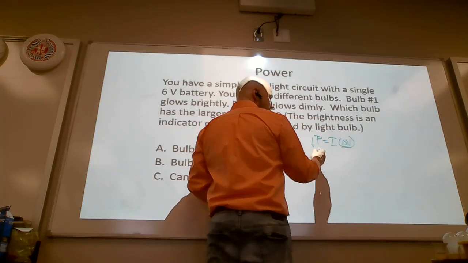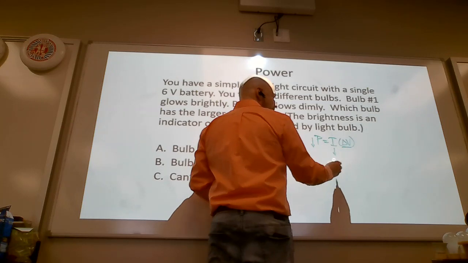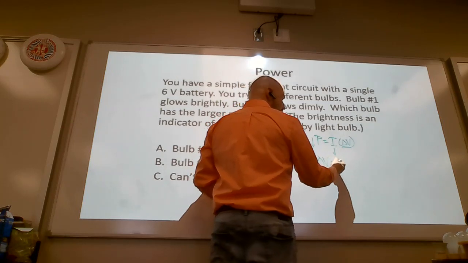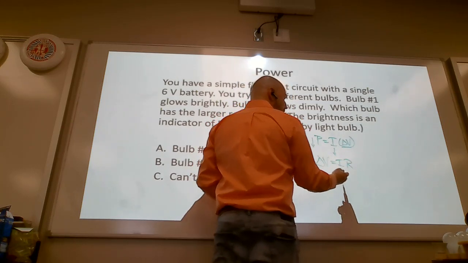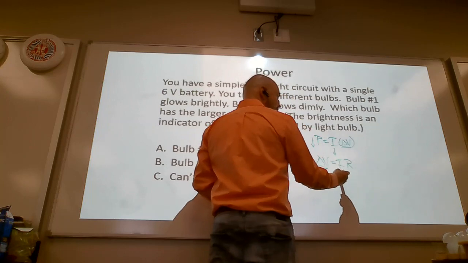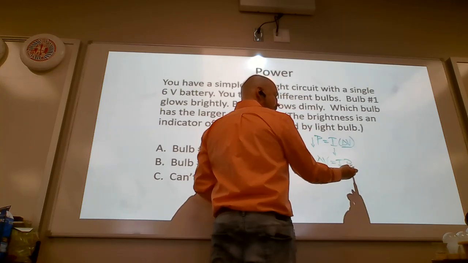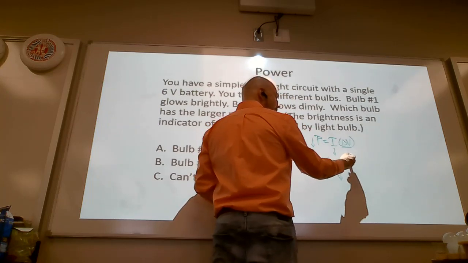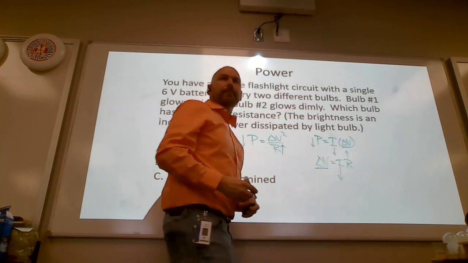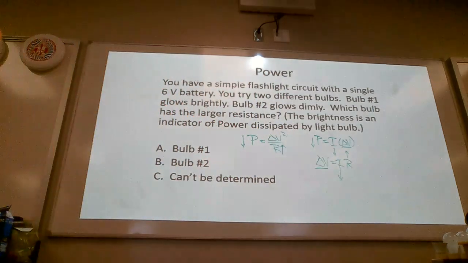As the power gets dimmer, current goes down. Voltage stays the same, current goes down. That means the resistance had to have gone up. Good with that?